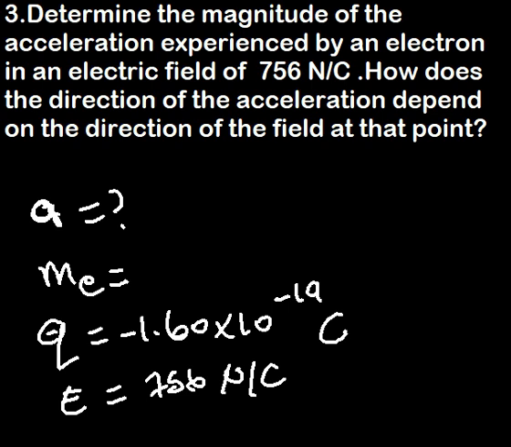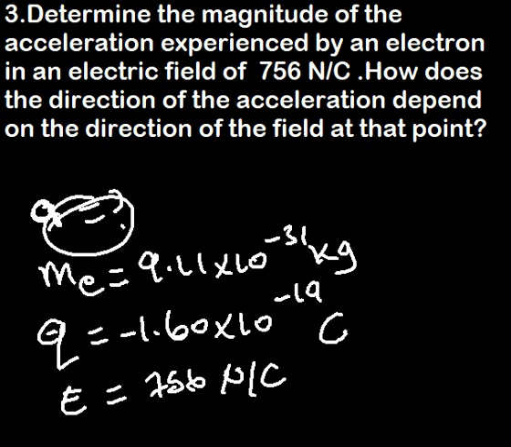So what is the mass of electron? The mass of electron is given as 9.11 times 10 to the power negative 31 kg. That is the mass of electron. Now we are looking for the acceleration.